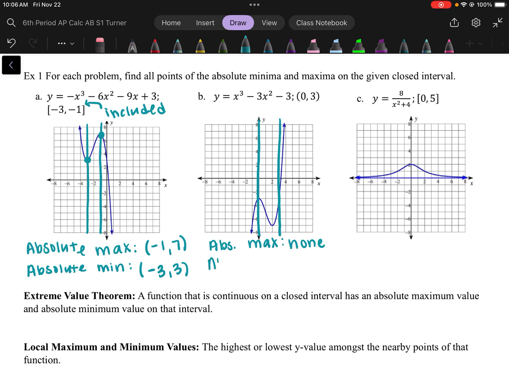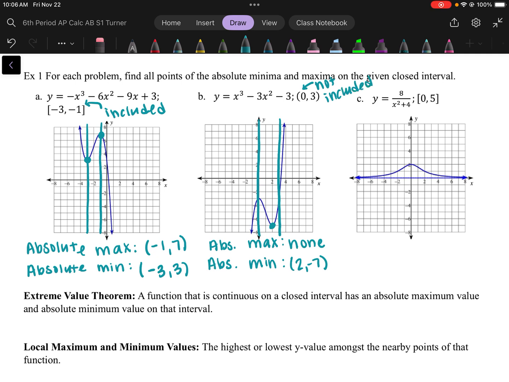My absolute minimum is taking place at 2.7. Again, it's an obvious dip, it's an obvious valley. If we had included 0, then we could have called that our absolute max, but because it is not included, we don't have that high peak there to include, which is why we state that there's no absolute max.